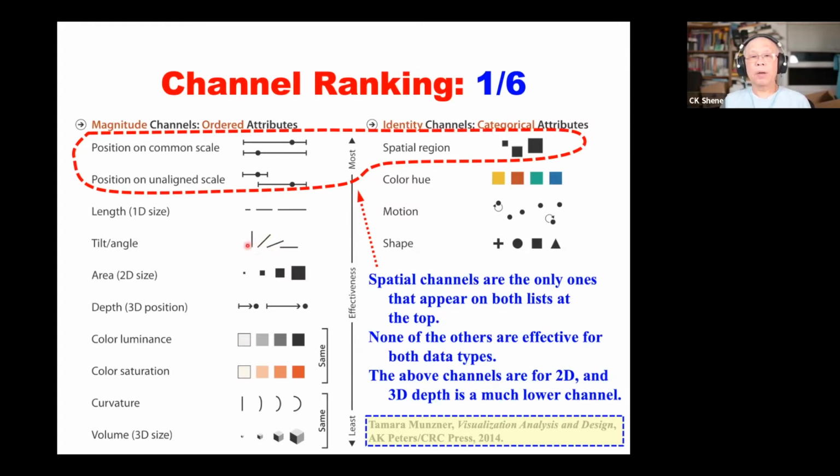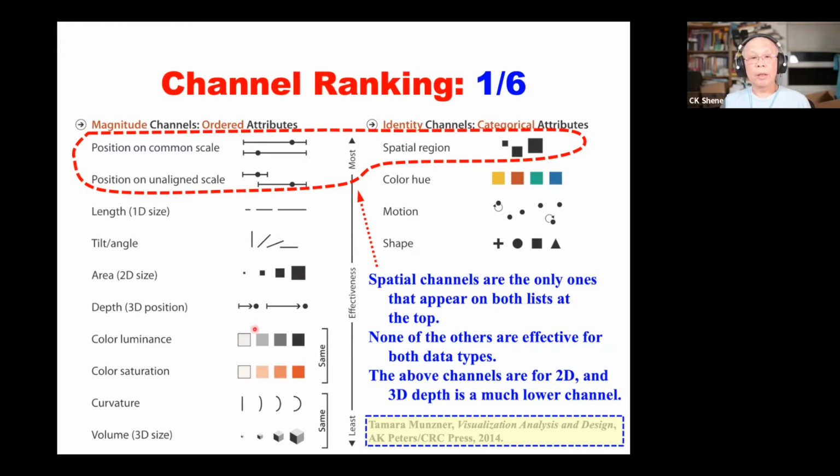So it's less effective. Area, that is two-dimensional size. When you have two areas separated by some distance, it's very difficult to understand which one is larger than the other one. So depth, 3D position, is even more difficult.